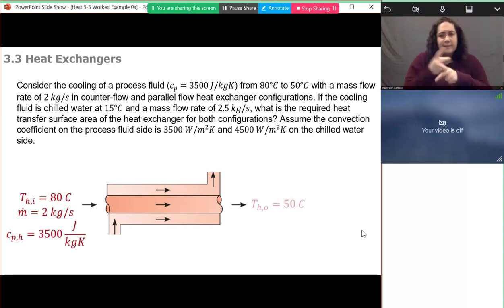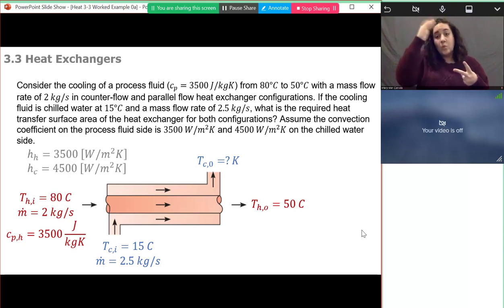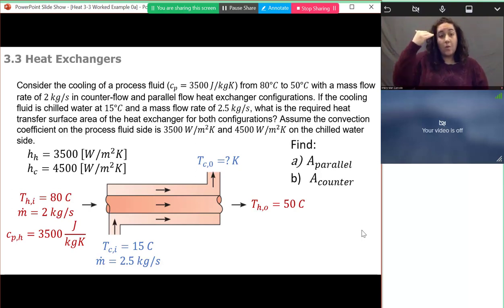We're given some information about the hot fluid at the inlet and the outlet, and we're told the inlet temperature and the mass flow rate of the cold fluid. But we don't know the outlet temperature of the cold fluid. We're told the heat transfer coefficient on both sides of our tube, so inside the tube and outside of the tube, and we're asked to find the area for heat transfer required in parallel flow and in counterflow.